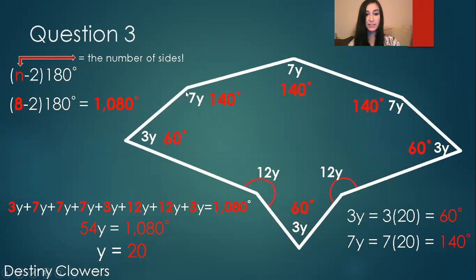So notice how every 7y equals 140 degrees. And lastly, 12y equals 12 times 20 equals 240 degrees. And that means that every 12y we have is equal to 240 degrees. So it's super simple. You've just got to count the sides, make an equation, simplify it, and plug in your answer into each of the interior angles.